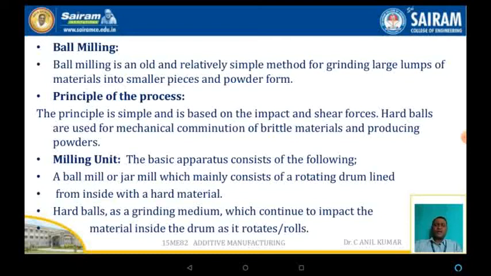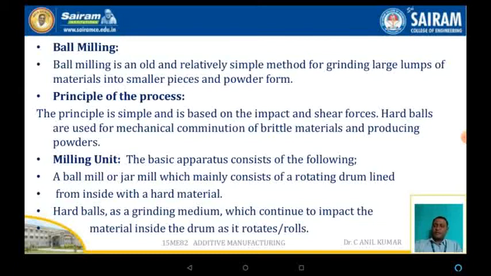In this method of grinding, a large lump of material can be converted into small pieces by the impact of the balls. The principle of this process is simple as it is based on impact and shear force. Hard balls are used for the mechanical comminution of brittle material and producing the powder.